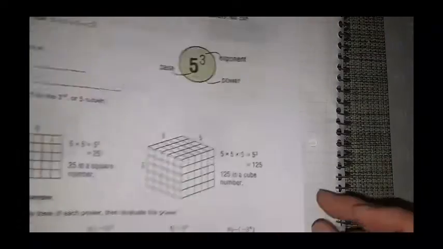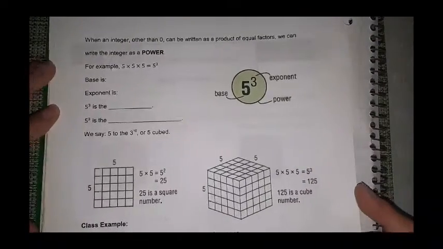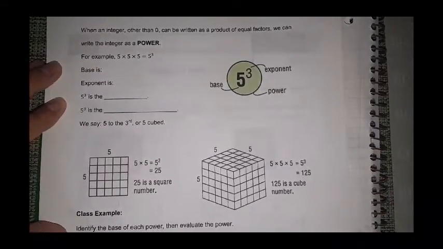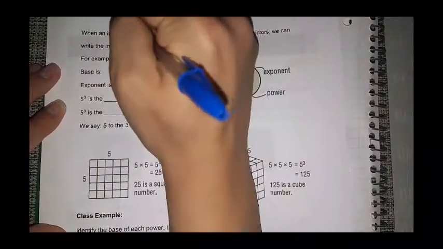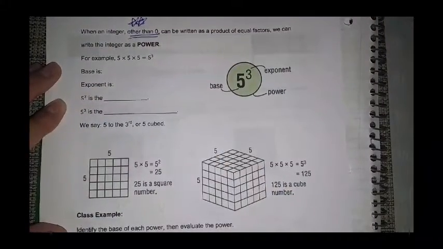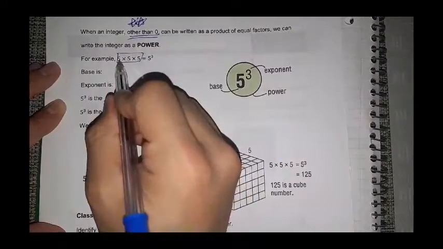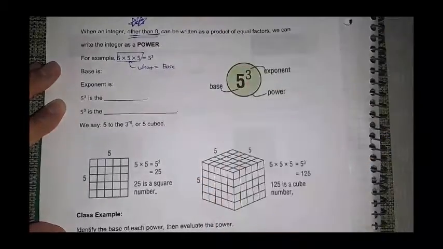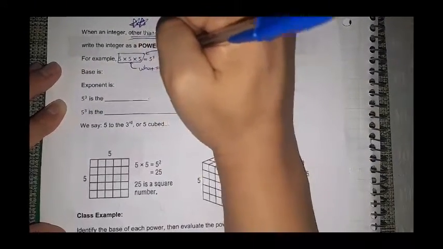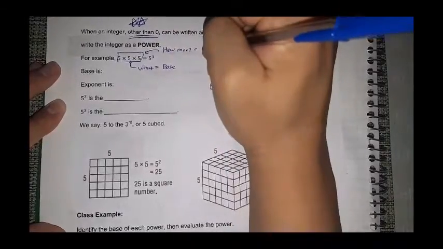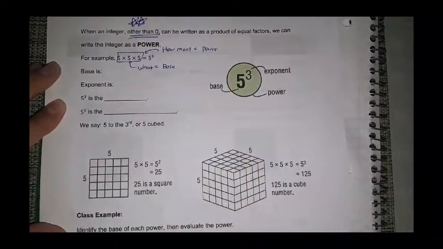So let's go to page number 4 of your booklet. When an integer other than 0, and I know this plays a huge role in the next lesson, but for now, let's highlight that. Other than 0, everything can be written as a product of equal factors, and we write this integer as a power. So, like I mentioned, if you look at what's being multiplied, that part is the base, and the how many part is your power or exponent.